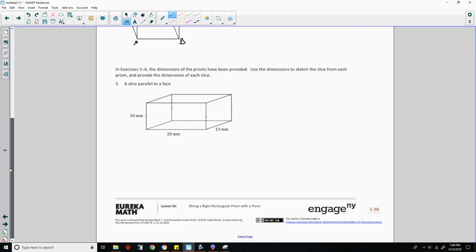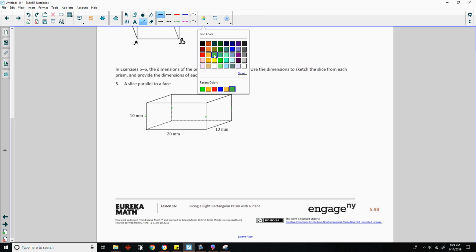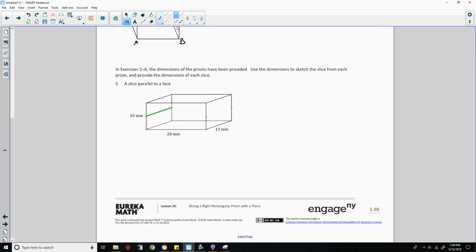Okay, in exercises 5 and 6, the dimensions of the prisms have been provided. Use the dimensions to sketch the slice from each prism and provide the dimensions of each slice. Okay. So we have this slice here that goes from this point here. I forgot to use my straight segment. And let's use green. So I start here and I draw that slice over to there.